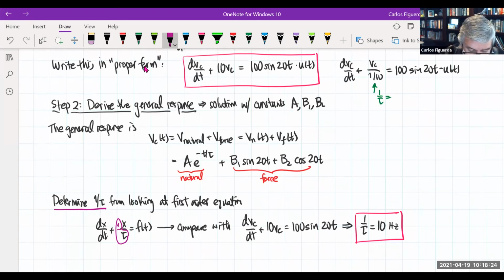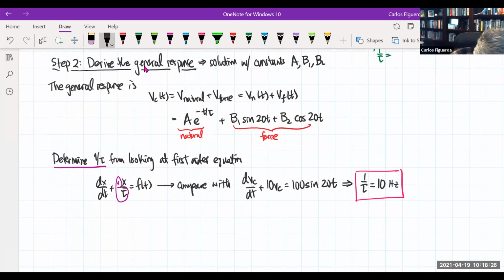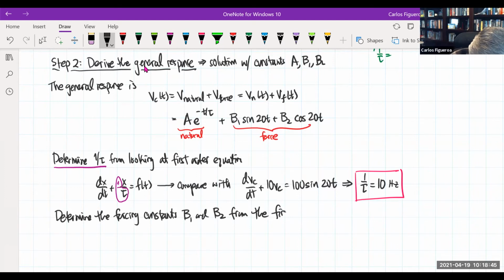The next thing I have to do is determine the forcing constants B1 and B2 from the first order equation.